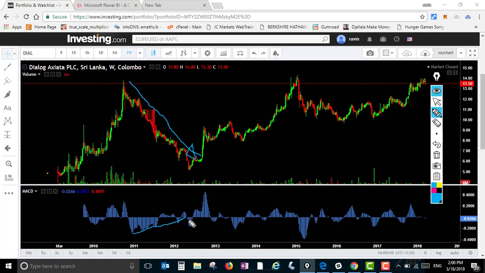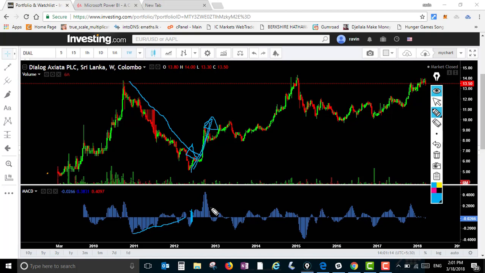As I mentioned, it went aggressively up by crossing this zero line. You can see it has crossed the zero line and aggressively went up. That means now it is in an uptrend.